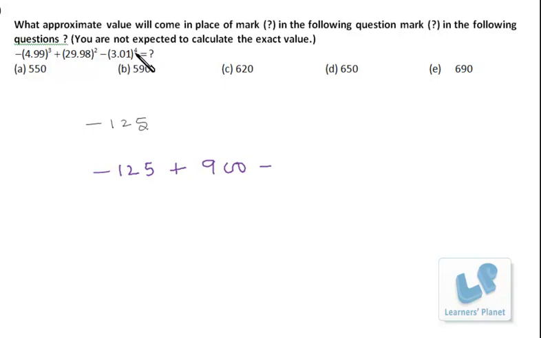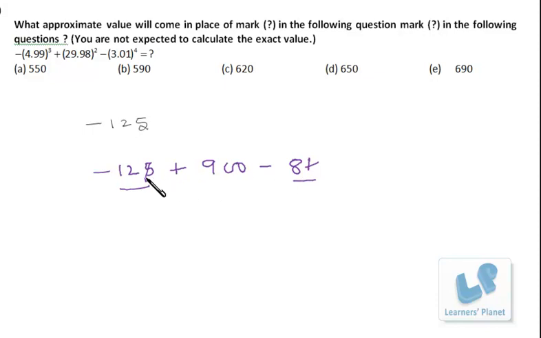So 3 raised to 4, that is 9 square, that is 81, right? Now this is a very simple calculation to be done. Just eliminate this 5 also, eliminate this 1 also, right? So it's 900, this is 120, and this is 80. So 120 plus 80 is 200, and 900 minus 200 is 700, right?